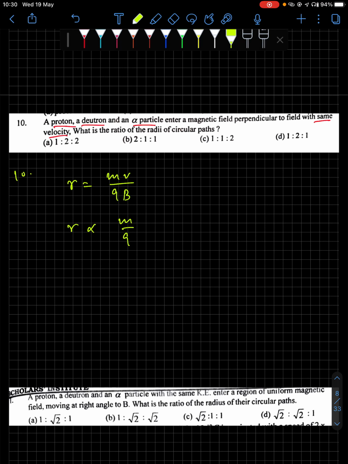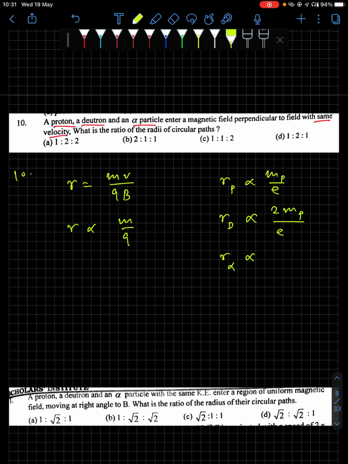So for the proton, R_p is proportional to mp by e. For the deuteron, writing capital T, the deuteron is hydrogen 2, right? In the nucleus you have one proton and one neutron, so the mass is 2 times mp, and the charge is again e. Then for the alpha particle, 2 electrons are taken off from the helium atom, so what remains is the helium nucleus.